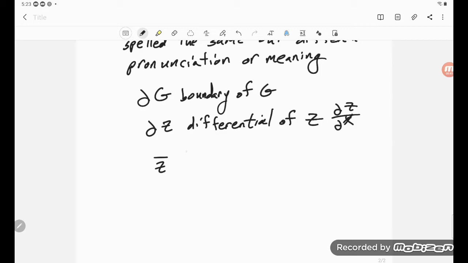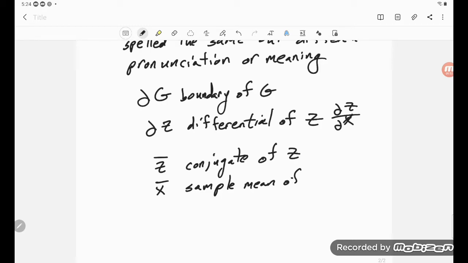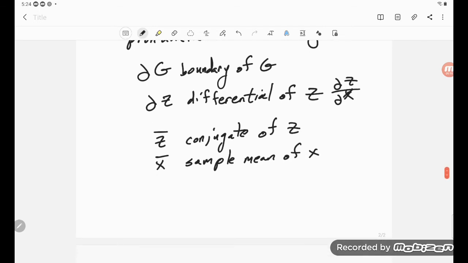Z bar, and that is the conjugate of Z. X bar, which we usually mean as the sample mean of X, a set X. But then we could also use something like V bar, a notation for a vector.